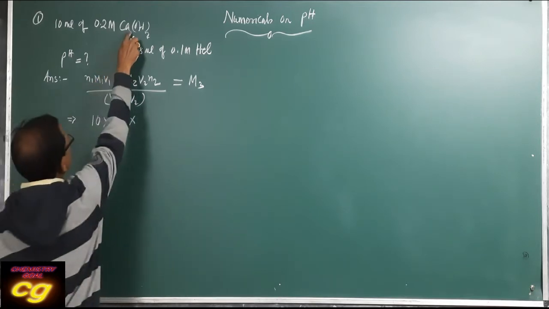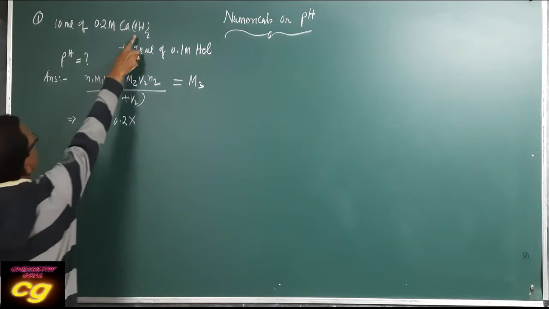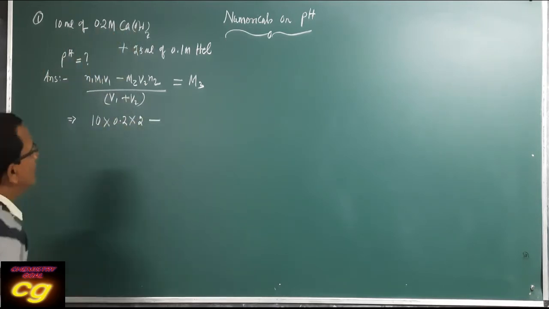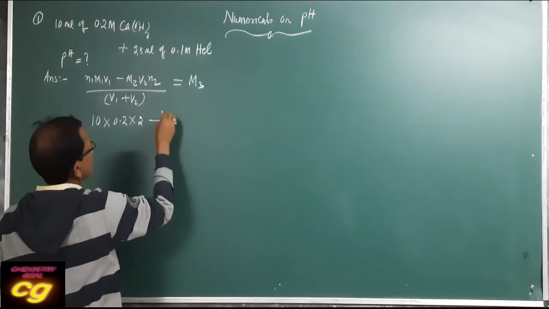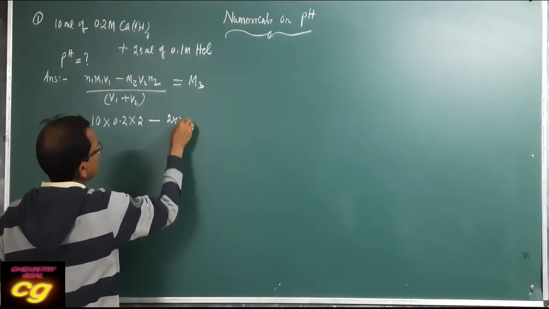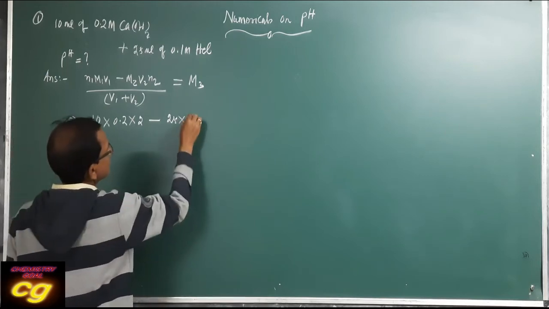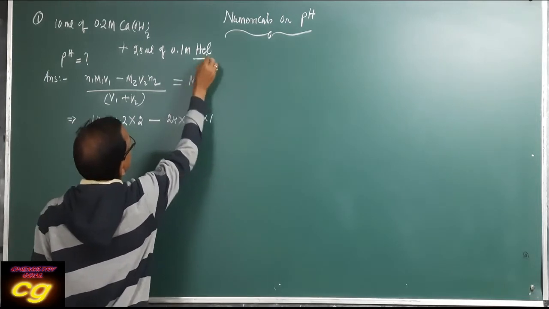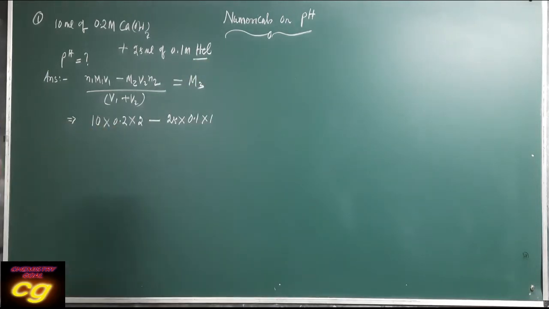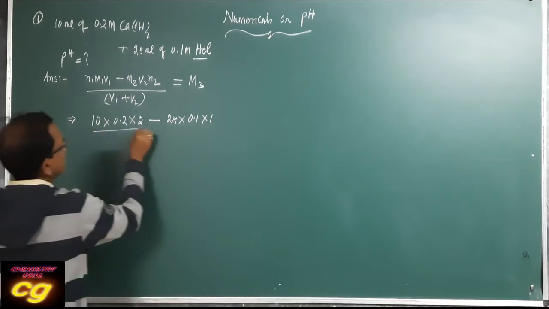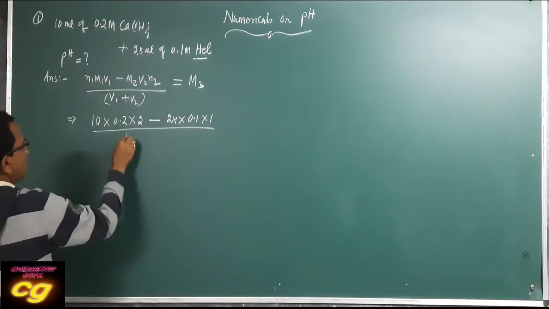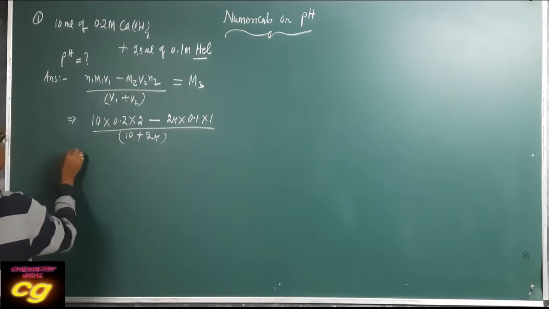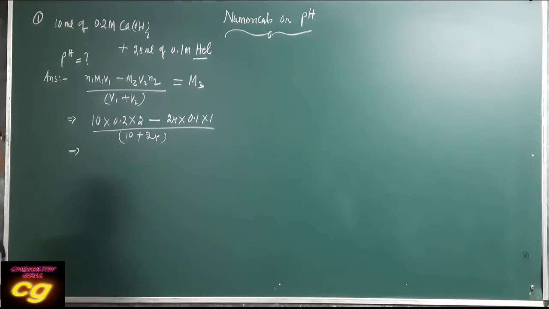For us it is a base, so the acidity of calcium hydroxide is 2, so 2 minus here 25 into concentration 0.1 into 1. Here the basicity of HCl is 1 because it has 1 H plus ion, upon the total volume, 10 ml mixed with 25 ml.